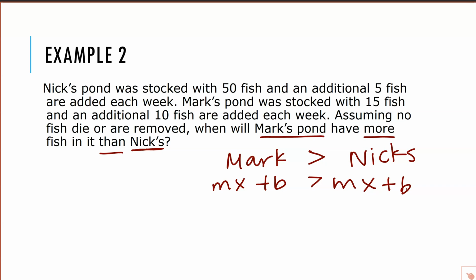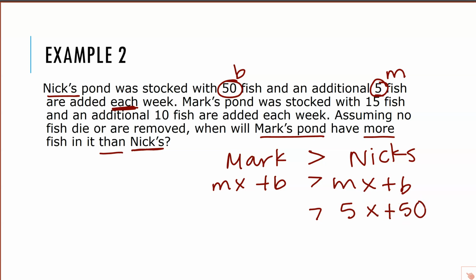All right, so Nick's pond was stocked with 50 fish and an additional 5 fish are added each week. So there's my keyword, each. So that means 5 is my M and B is my y-intercept. All right, and here they're talking about Nick, so it's going to go under Nick. So for Nick, my M is my 5, and my B is 50.